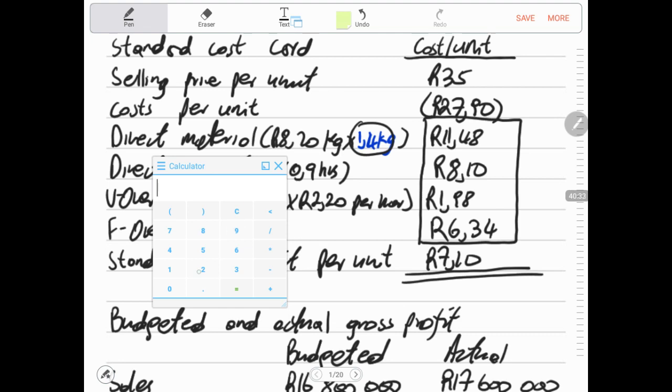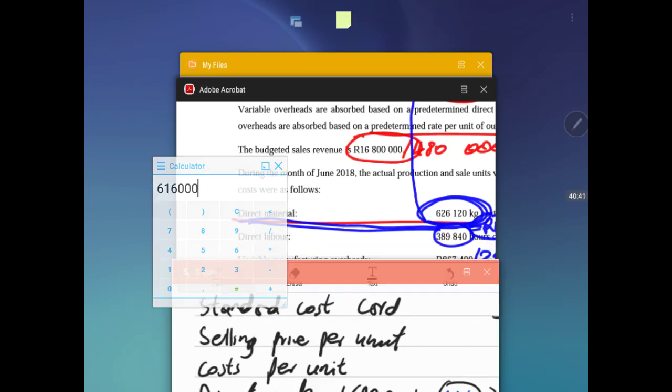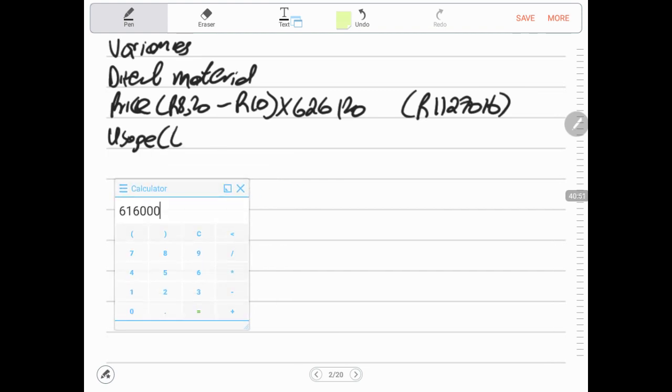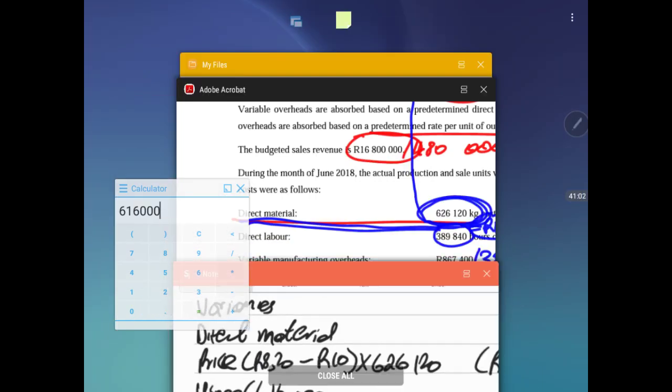So now we say standard 1.4 per unit times 440,000. It gives us the standard quantities of material that are required to manufacture what was already manufactured. So the standard quantity is 616,000 kgs, minus the actual quantity.